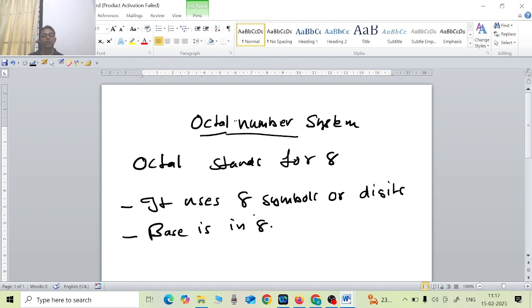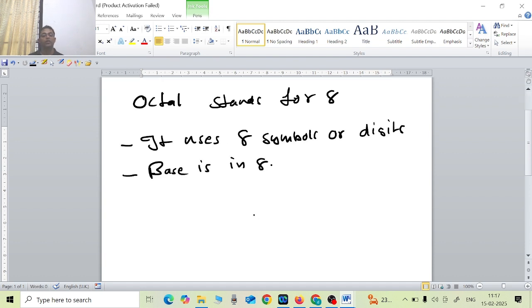So we'll see the first reason in detail. It uses 8 symbols, and which are those 8 symbols? It is 0, 1, 2, 3, 4, 5, 6, 7.